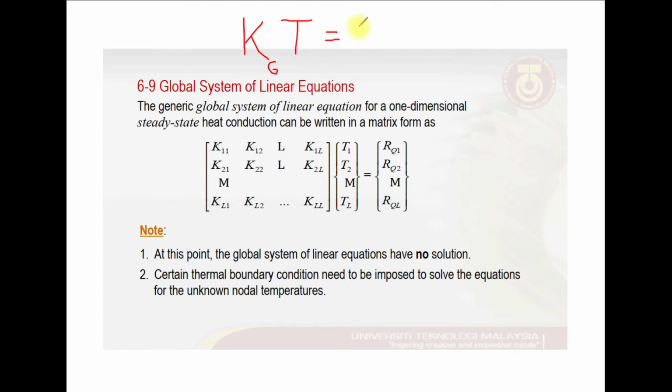and we have obtained our global R matrix, then we can rearrange this into a system of linear equations, or simultaneous equations, as shown by this equation KT equal to R, where K, T, and R are as given by these matrix equations on the slide.